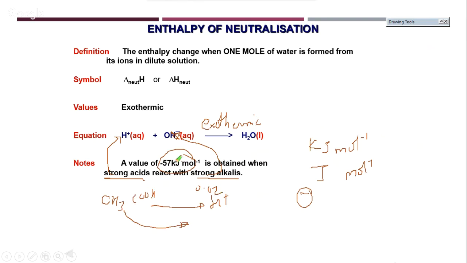And hence, this minus 57 comes down to probably, let's say, minus 51. Sometimes it is minus 49 also. Why? Because 6 kilojoules of energy, which was supposed to reach us, is not reaching us, because the molecule itself is utilizing this energy to dissociate. So CH3COOH is dissociating into H plus, and that's how the neutralization is happening. So that's enthalpy of neutralization.